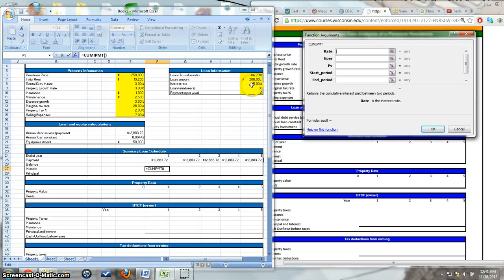So moving on, rate. I'm going to make this value absolute. We're going to make a lot of these values absolute actually. So F4 divided by payments, F4.